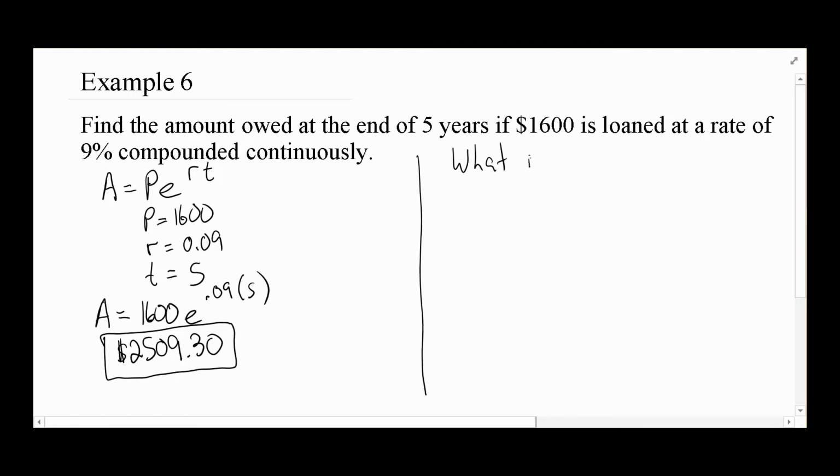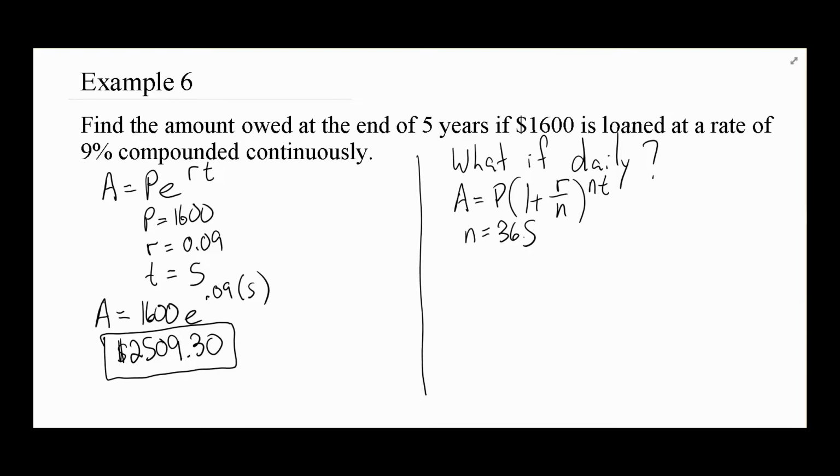What I want to do now, though, is a little comparison and ask, what if it was daily interest instead? Let's look at how different daily interest would be, because daily doesn't sound nearly as scary. So the formula would be A equals P times (1 plus R over N) to the NT power, where everything stays the same as the other version, only we have an N value of 365 instead of N equal infinity.